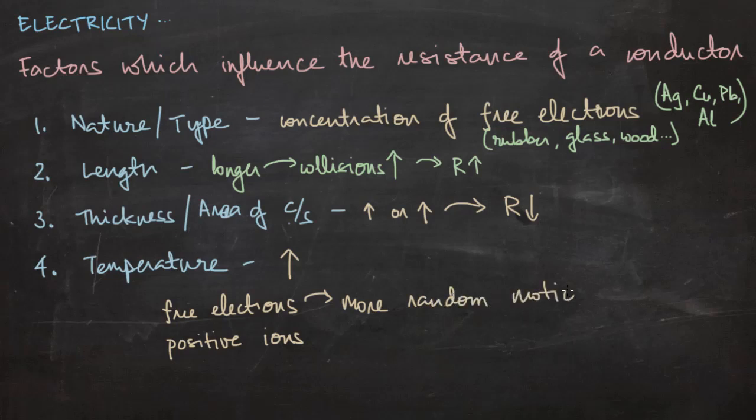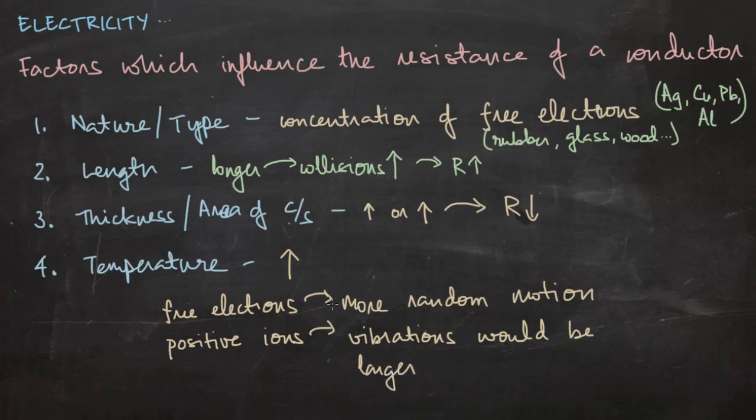While those positive ions, because of an increase in thermal energy, would start vibrating more. That is, the amplitude of these vibrations would be larger. So what do you think is going to happen?